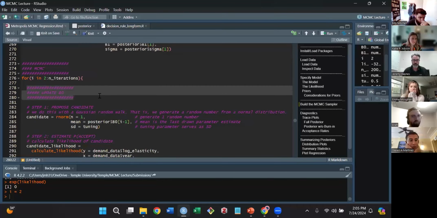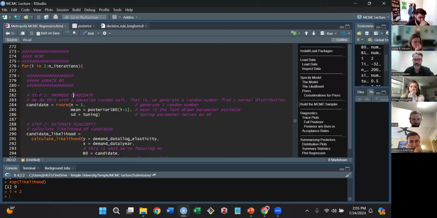The first parameter value I'm going to focus on is the intercept. So this is beta naught. Step 1 is to propose a candidate value. We'll do this with a Gaussian random walk. That means a random number from a normal distribution. We just want one random number, so we have n equals 1.